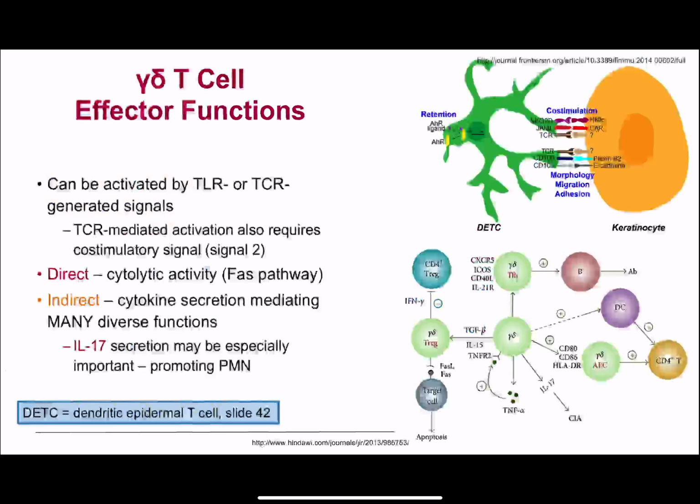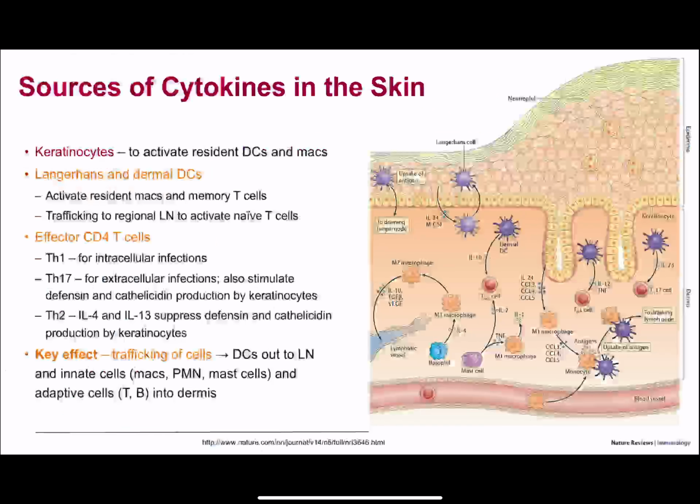Sources of cytokines in the skin, you've got the keratinocytes, you've got those APCs and the Langerhans and the dermal dendritic cells, you've got some effector CD4 T cells, your conventional cells, and then not listed on here, which really should be, is your ILCs, so those innate lymphoid cells that act a lot like a T helper cell, but are not T cells.